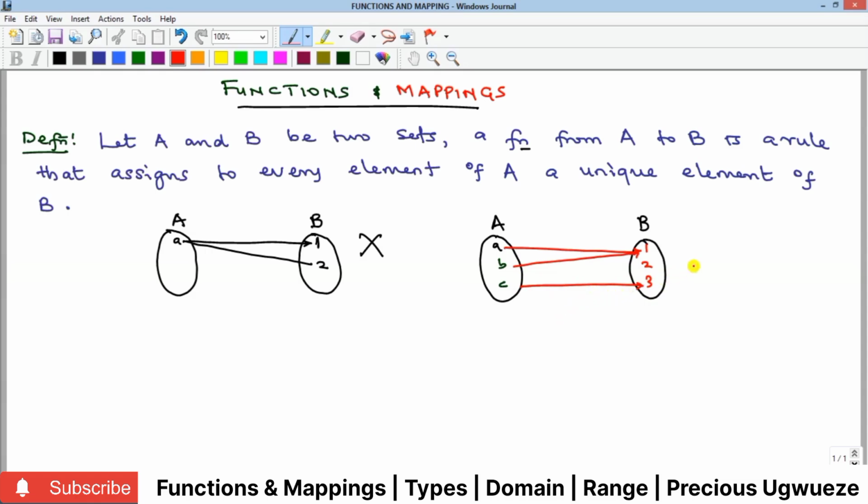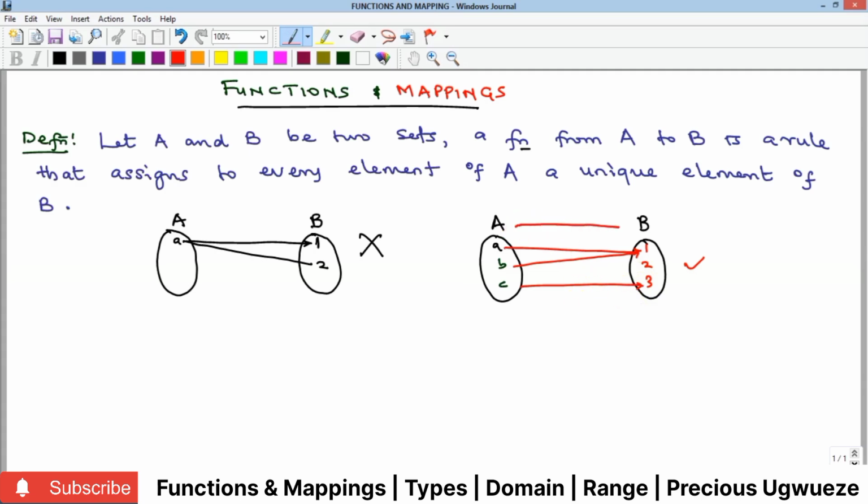So this is of course a function, because even though two elements in A are mapped to 1, each of them has just one single element they are mapped to in B. So this is an example of a function.